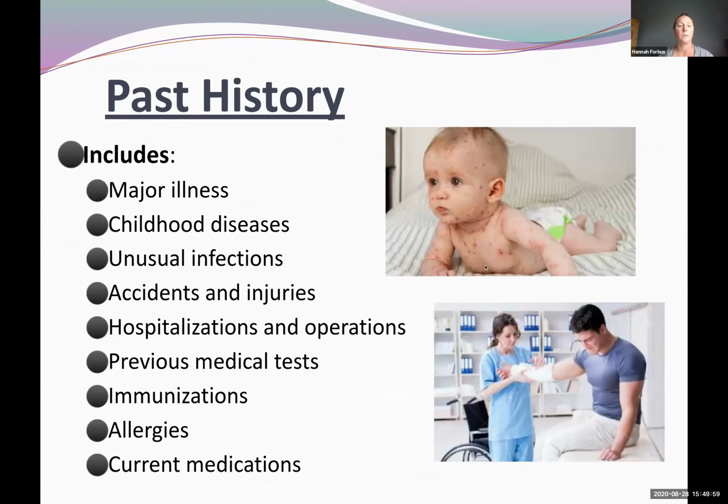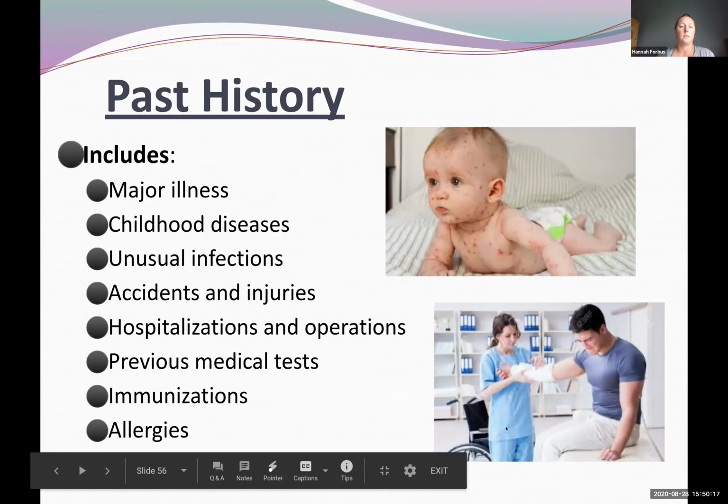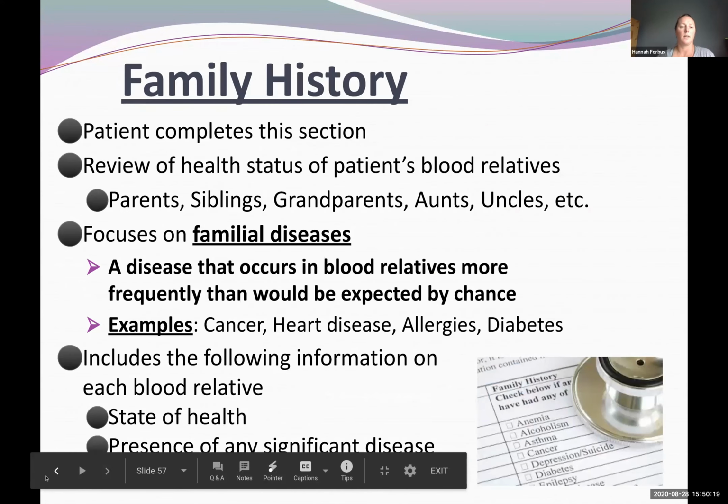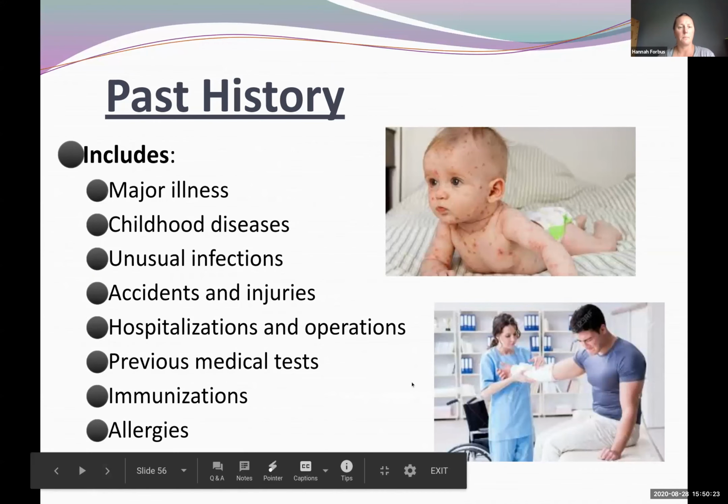So the past history would include any major illness, childhood diseases, unusual infections, accidents and injuries, hospitalizations and operations, previous medical tests, immunizations, allergies, and what did that one last? Current medications. Yeah.